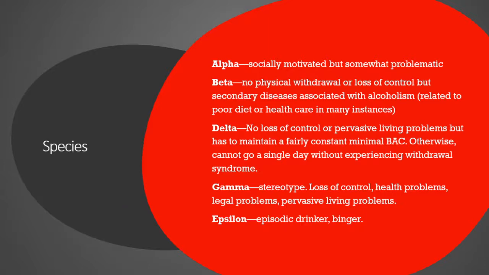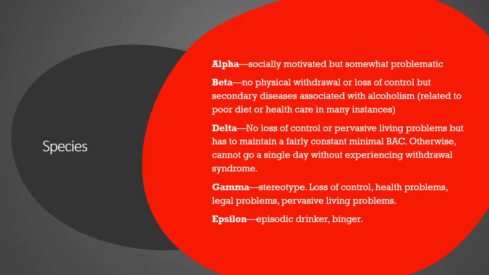You never see him sober, because he maintains a fairly constant and minimal BAC, and he has to. Otherwise, he can't go a single day without experiencing withdrawal syndrome if he drops below it, if he stops drinking. So he's got to maintain that. And he doesn't lose control, and he doesn't get in a lot of trouble and all of that kind of stuff, and he looks like he's handling it well, but he's still got an alcohol use disorder.